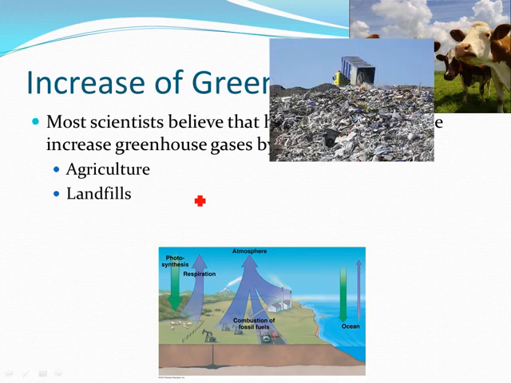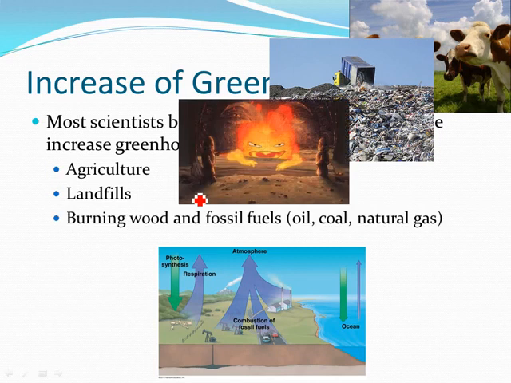And landfills contribute a lot of methane as well, with the amount of bacteria in landfills. And of course, the more people you have, the more trash you have, so there will be more landfills as well. Also, the burning of wood and fossil fuels, including oil, coal, and natural gas, contributes to the increase in these gases.